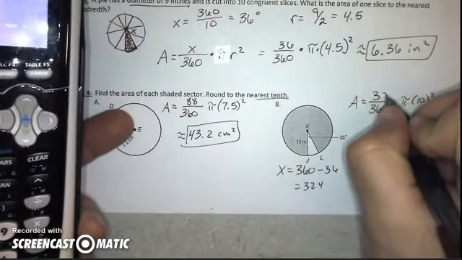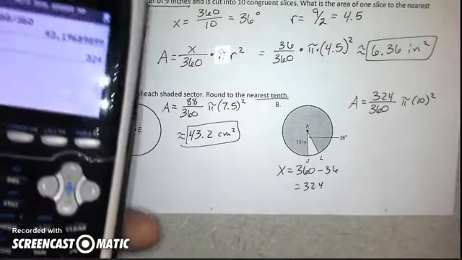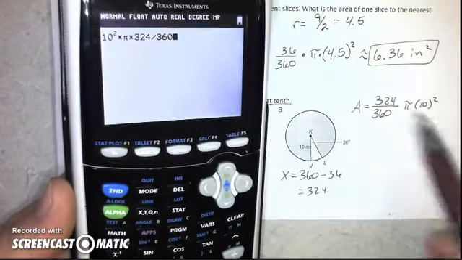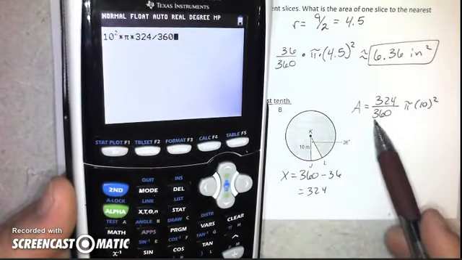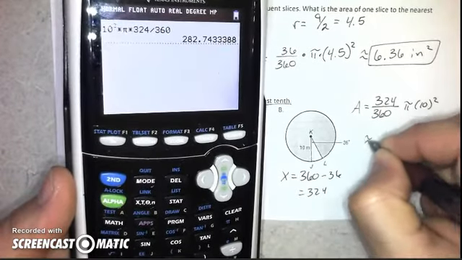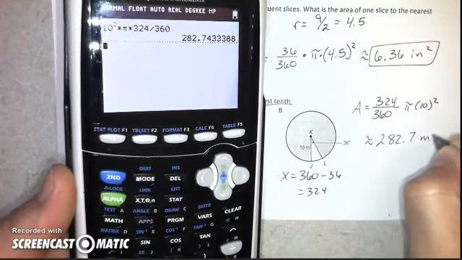So we're going to use 324 over 360. And once again, we'll put that in the calculator like this. Okay, do the 10 squared first, then times pi, then times 324, then divided by 360. And we get approximately 282.7 square meters.